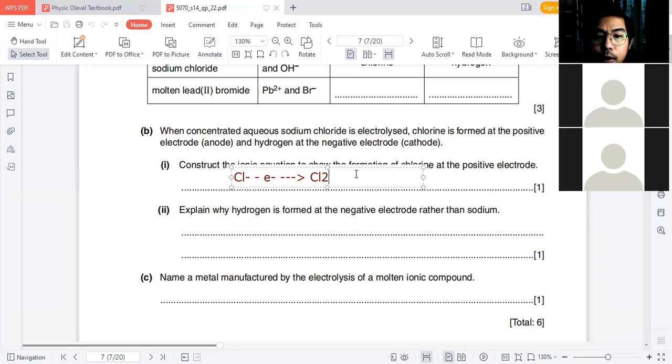So it becomes Cl minus gives Cl2 plus e minus. Now here you have to balance it off. Since Cl2 requires 2Cl, you have to put 2Cl minus here, and also two electrons.